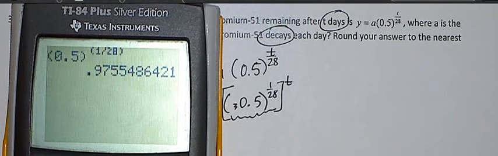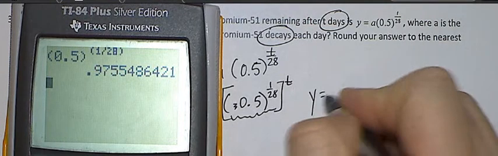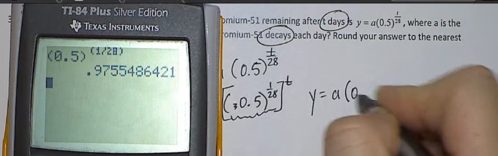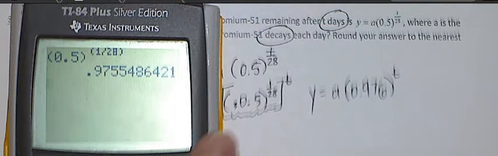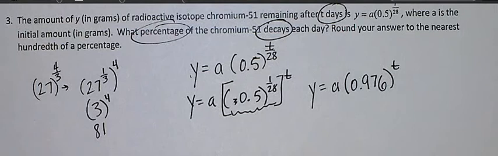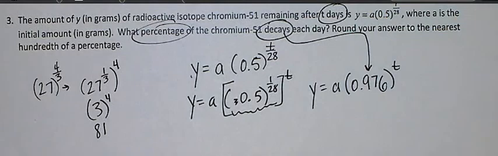Hands up high if you have the same answer I have. We're going to round this to the nearest thousandths. So I'm going to put Y equals A times 0.976 raised to the T power. Now it tells me this problem is decay, but mathematically I can see it's decay because it's less than 1.